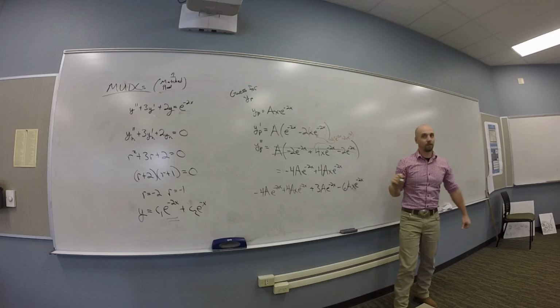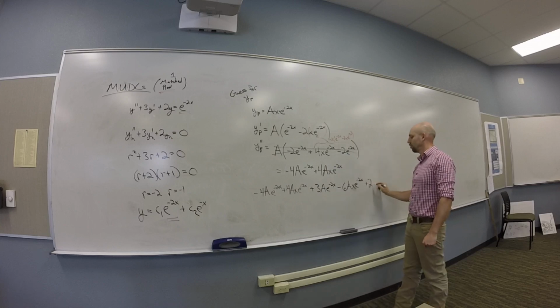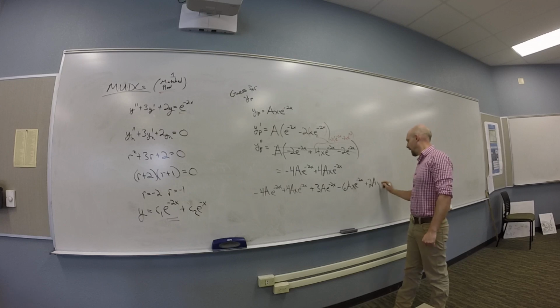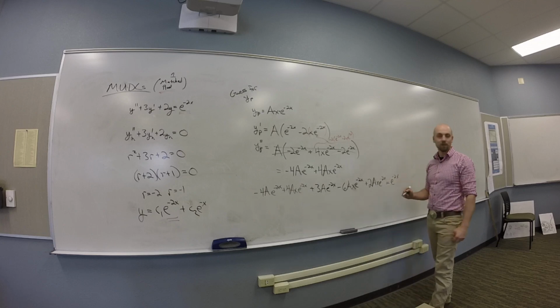You guys with me on that? And then I also have a plus 2ax e to the minus 2x. And this is all supposed to equal e to the minus 2x, right? Do the same thing.